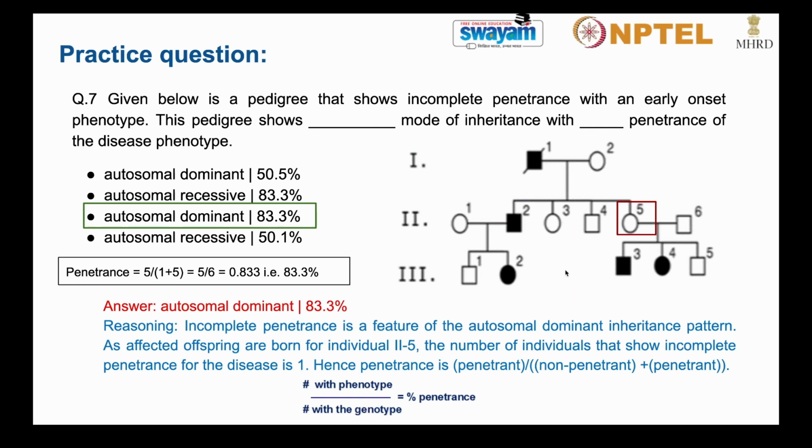Individual 5 in the second generation is not showing the phenotype, but is carrying the genotype, so he is showing incomplete penetrance. That's why we need to include him in the total number, because he is also carrying the genotype. So it becomes 4 divided by 6, which is 0.833, and when we convert into percentage, we get 83.3%. So this is the correct answer.